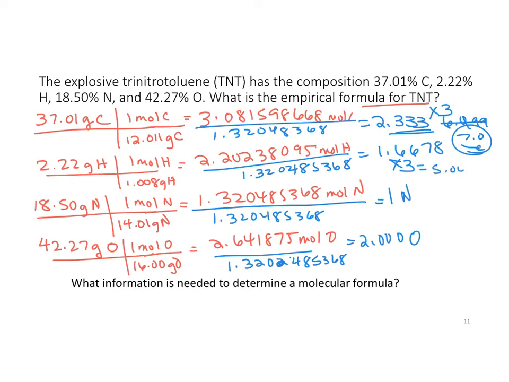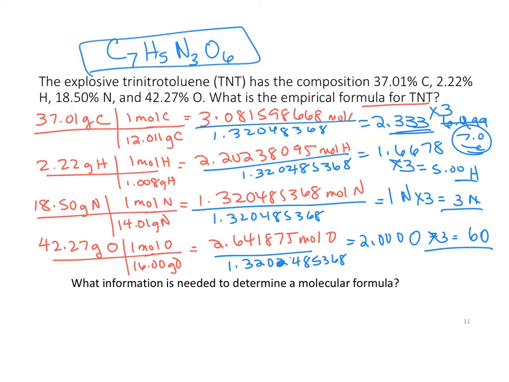So that's 5.00, so 5 hydrogen. And then we have to multiply these by 3, so that's 3 nitrogen. And multiply that by 3. 3 times 2 is 6 oxygen. So the empirical formula then would be carbon 7, hydrogen 5, nitrogen 3, and oxygen 6. And that would be the empirical formula.